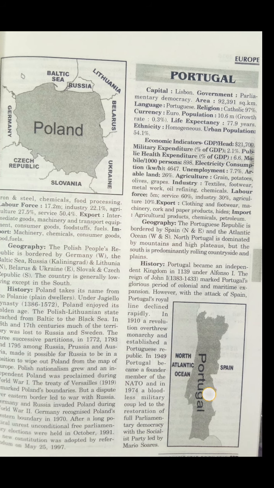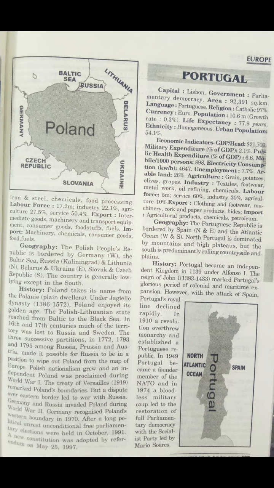However, with the attack of Spain, Portugal's royal line declined rapidly. In 1910, a revolution overthrew the monarchy and established a Portuguese republic. In 1949, Portugal became a founder member of NATO, and in 1974, a bloodless military coup led to the restoration of full parliamentary democracy with the Socialist Party led by Mario Soares.